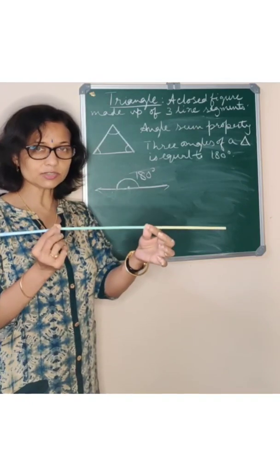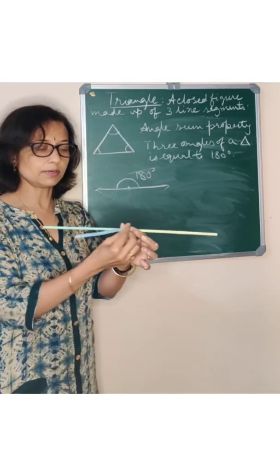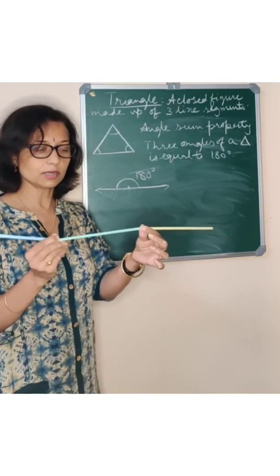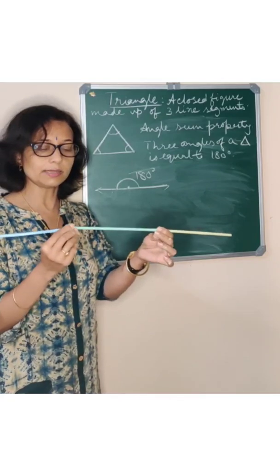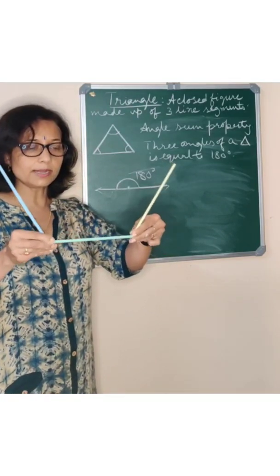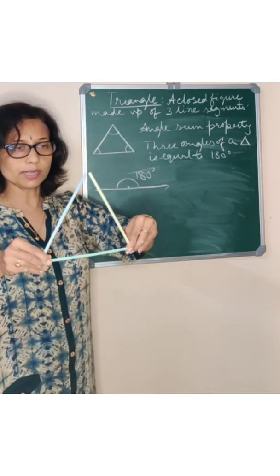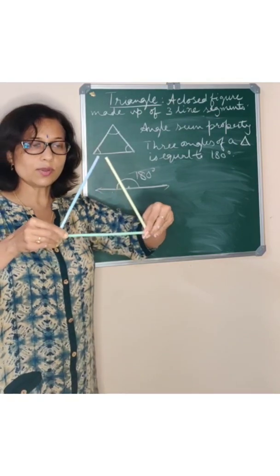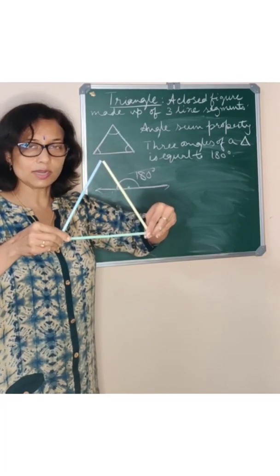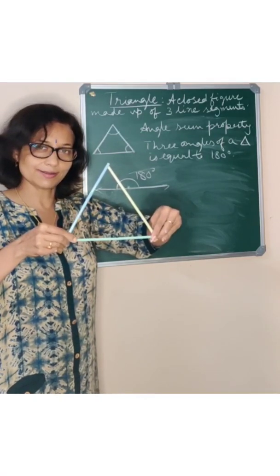Now, if I cut this straight line into three equal lengths, and then I fold it and join it and put together and make a triangle. What do I get? A straight line only. See, I cut into three equal lengths and then I put them together and now I got a triangle.